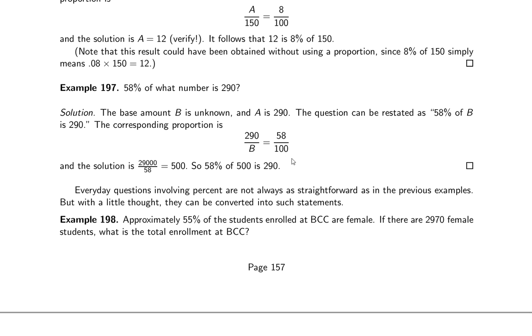But often it's a good idea to leave the 100 on the bottom since it's so easy to multiply. And so here the cross products are 290 times 100. That's 29,000, and that's equal to 58b.